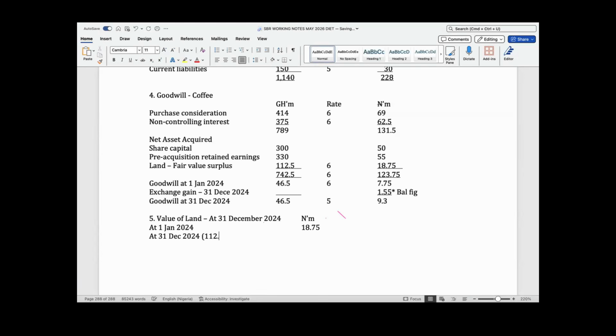This 112.5 Ghana cedis will be translated at closing rates. How much would that give us? 22.5.